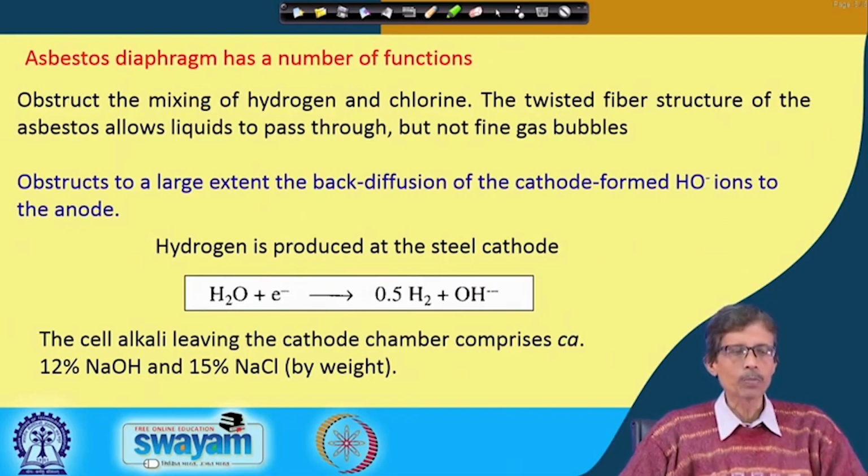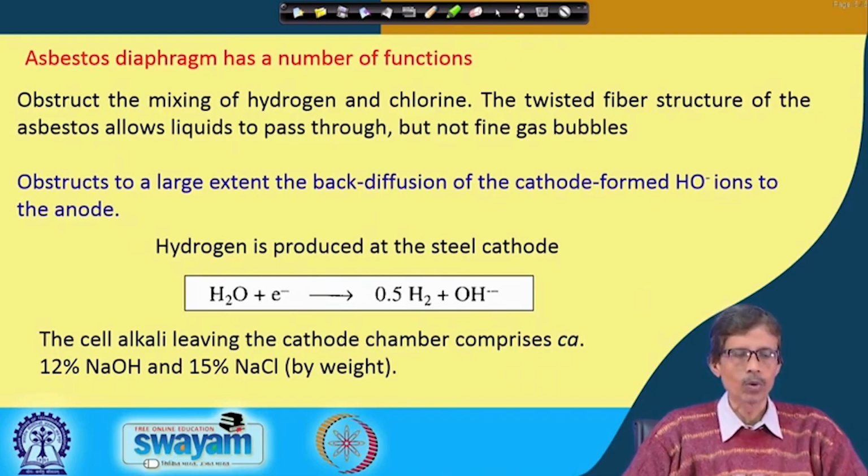When the production of chlorine and hydrogen is exhausted, we take out the solution for a cycle, and the solution will give you different percentages of sodium hydroxide and sodium chloride, and that will be utilized further for purification.